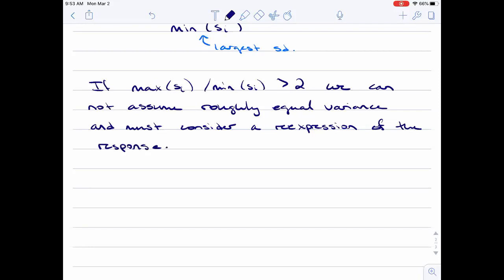It's hard to transform categories, so we have to focus on the response.